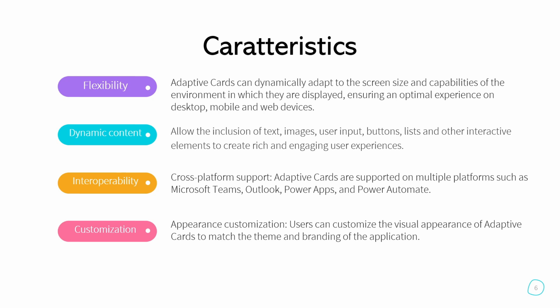So you can show text, images, buttons with actions, redirects, etc. to create a rich and engaging experience for our user. It's cross-platform. You can use it on Teams, Outlook, your web application, chatbot, etc. And you can customize this experience to match the branding of your application.